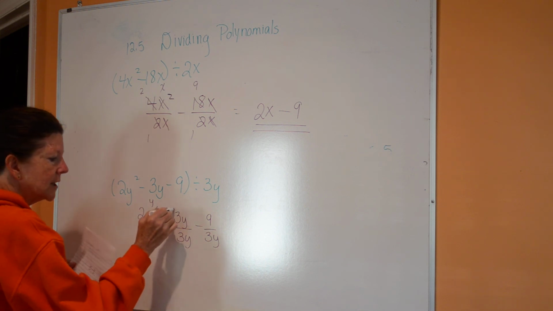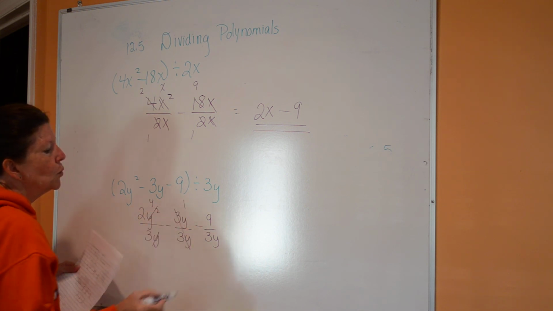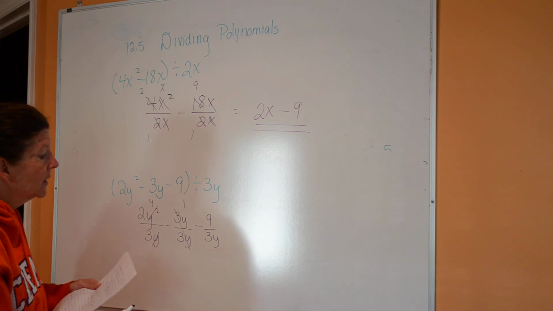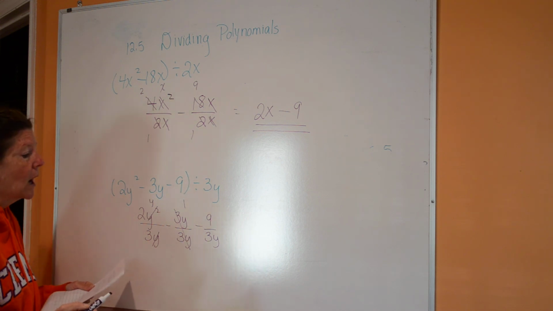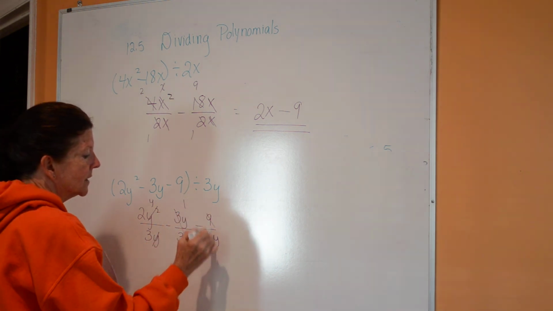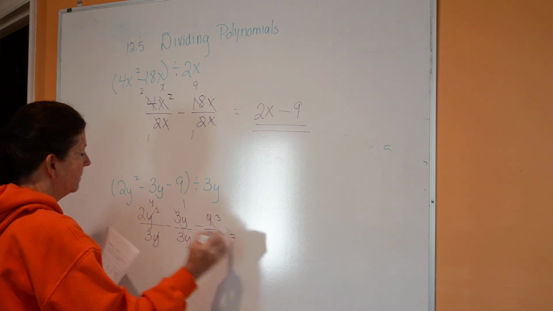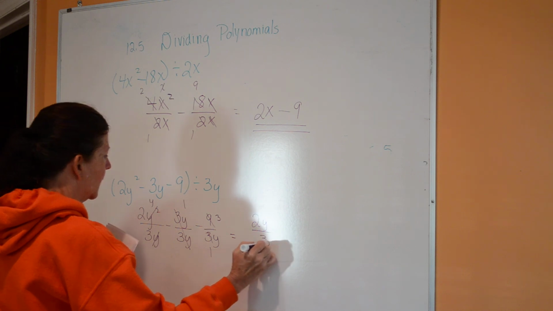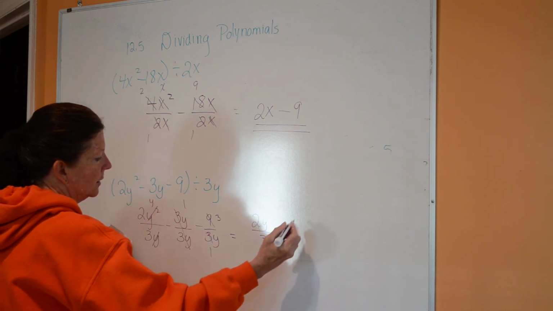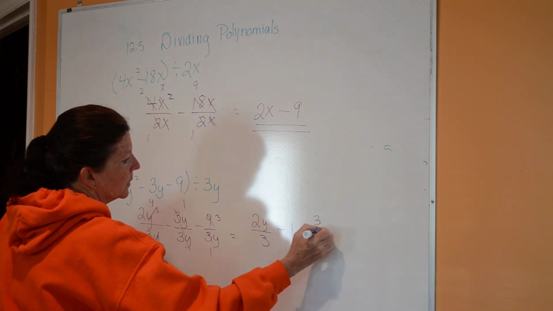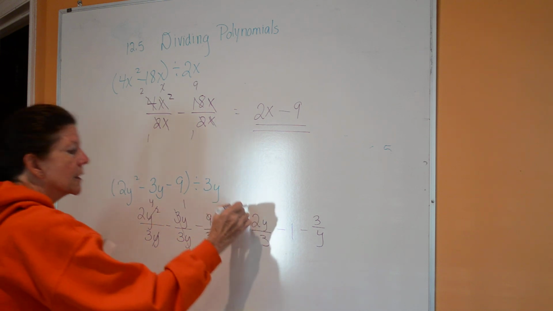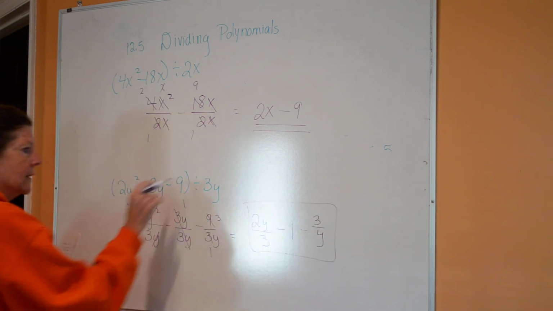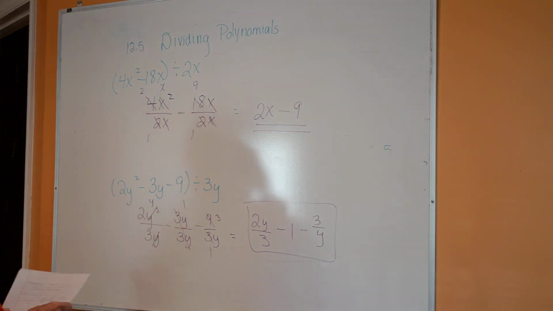Because they match on the top and the bottom, it reduces to 1. Because 3 divided by 3 is 1, and y divided by y is 1. This reduces down to 3 over 1. So I have 2y over 3 minus 1 minus 3 over y. So this right here is your answer to that question.